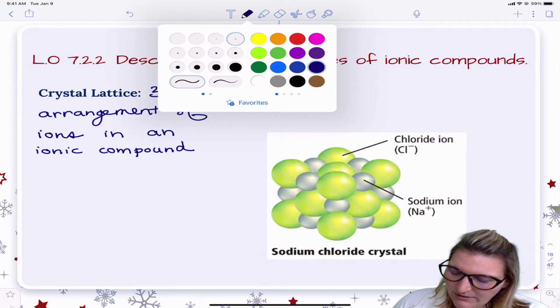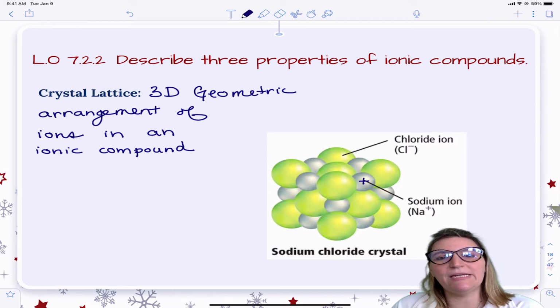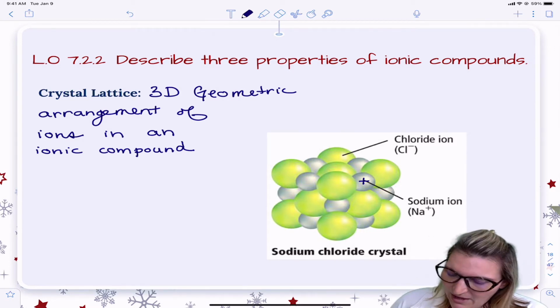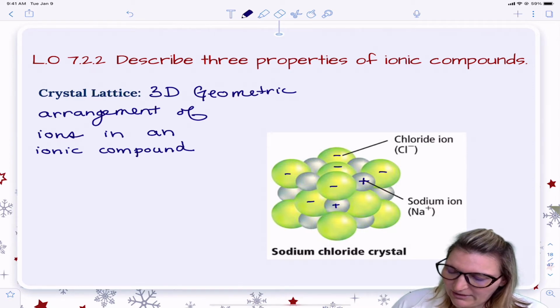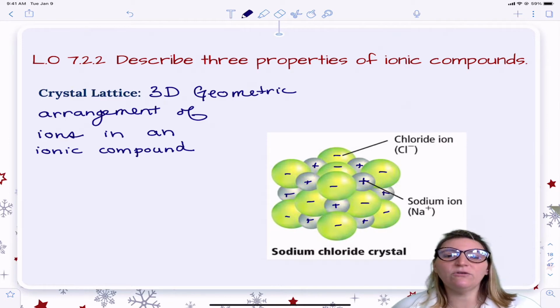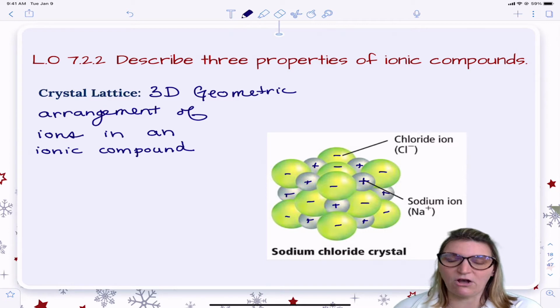The positive ions are symbolized here by the silvery spheres, because sodium is a metal, and then the negative green looking chloride ions, and those are green because chlorine is a green gas. You can see that it alternates between positive and negative ions, and since opposites attract, this is a very stable and hard compound.